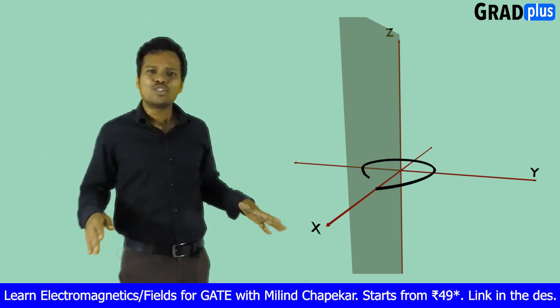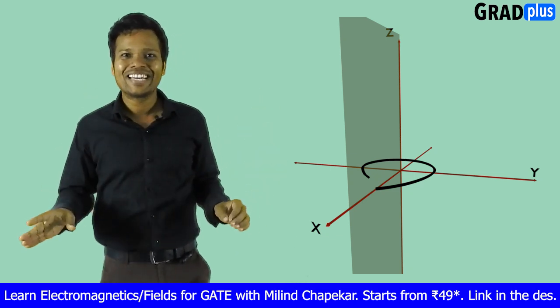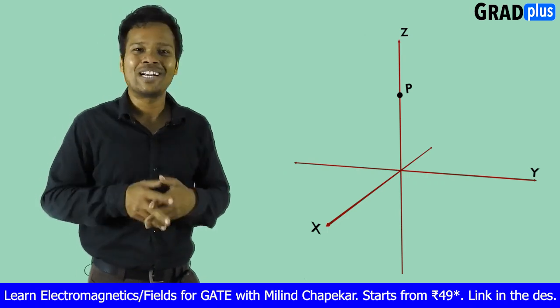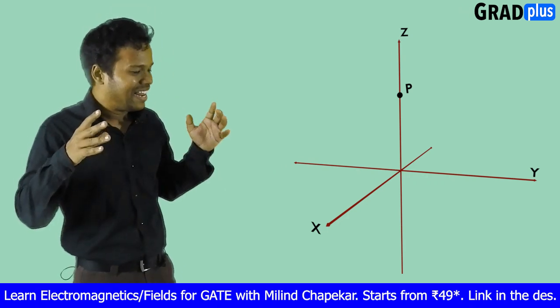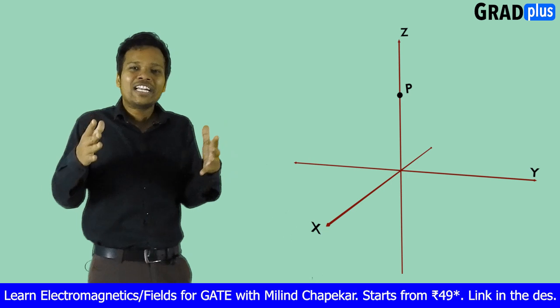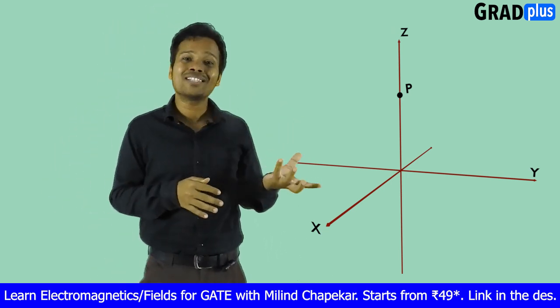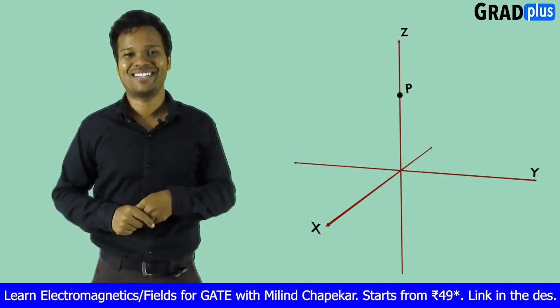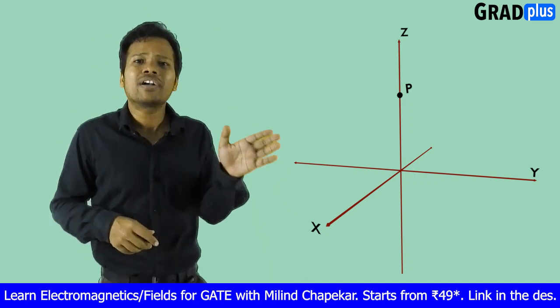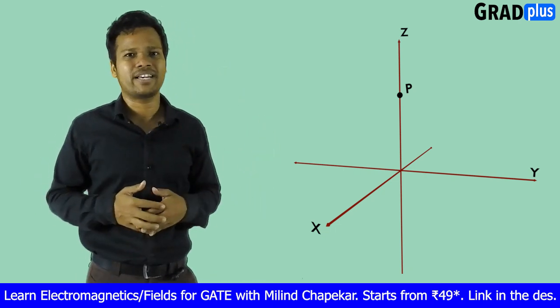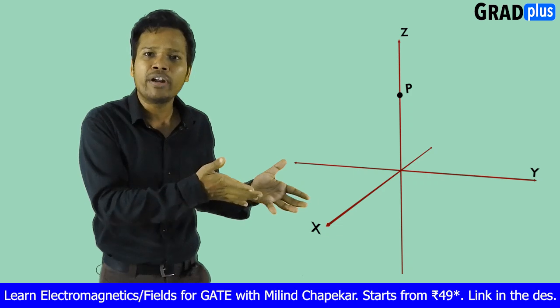Now my dear, let us assume that our point is present on the z-axis. As our title of the video suggests, let us now assume that the point is present on the z-axis. Now my dear, if the point is present itself on the z-axis, then any vertical half plane making any angle with the positive x-axis is valid for that point.